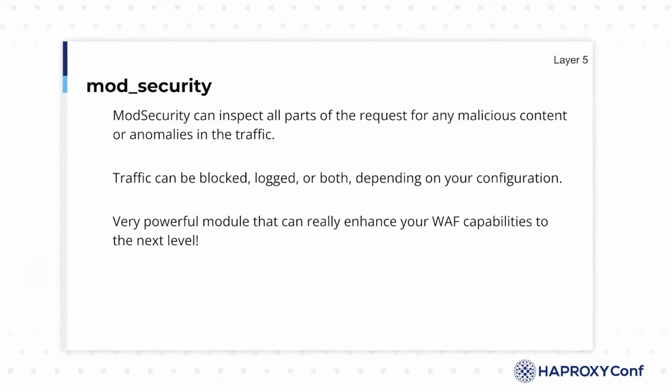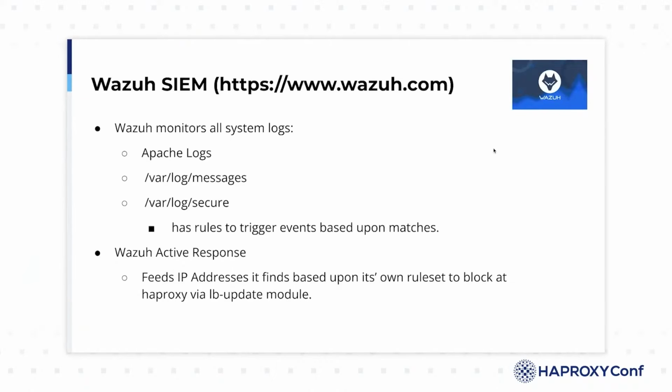So I highly recommend, if you're not looking at mod security, to really look at it to help you protect your network. Next, I'll briefly mention how you can actually use HAProxy Enterprise as your hub, like we're doing. For instance, we use a SIEM called Wazuh, an open source SIEM with its own set of rules.